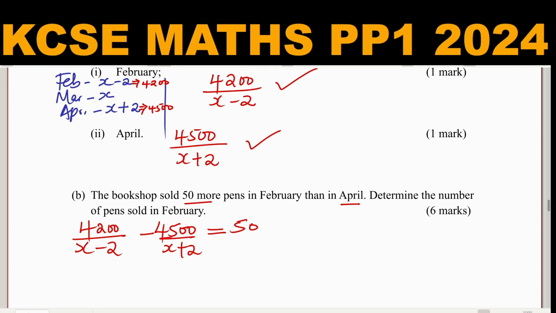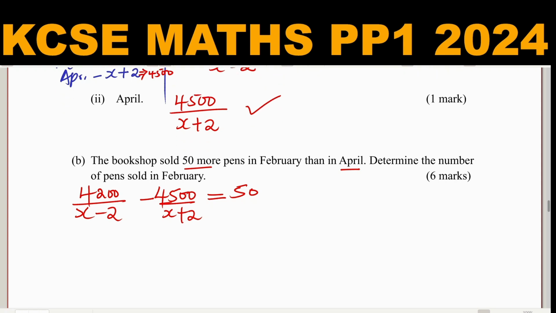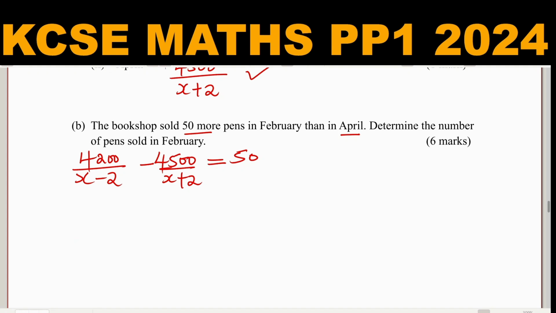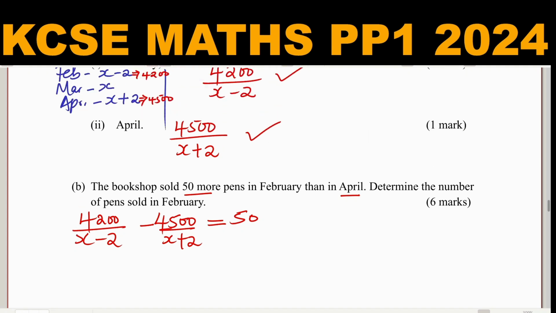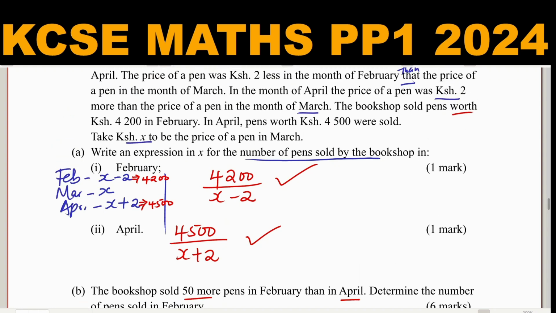So if I take the number of pens sold in February, subtract the number of pens sold in April, I should get 50. That is the equation that you come up with, and now you need to solve it for X. X is the price of each pen in March, which will ultimately help us to find the number of pens in February and April.